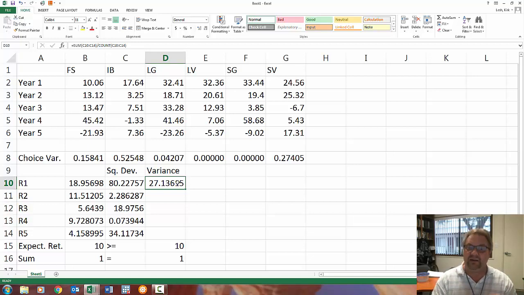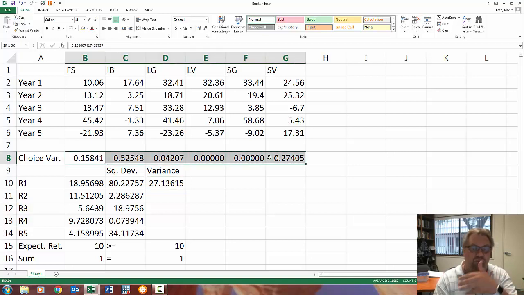Now again, it's the expected return. I don't know what year, what scenario is going to occur.